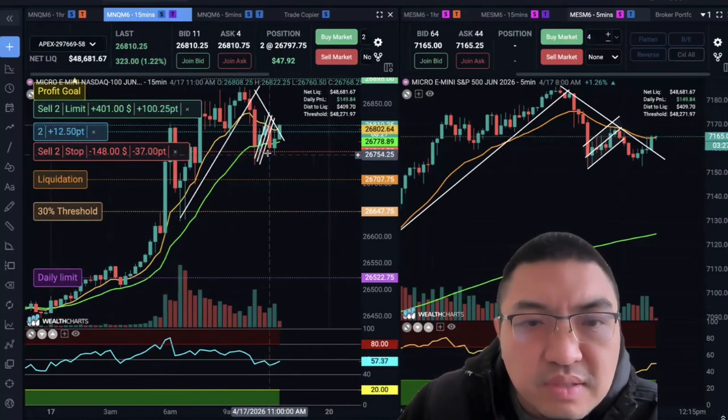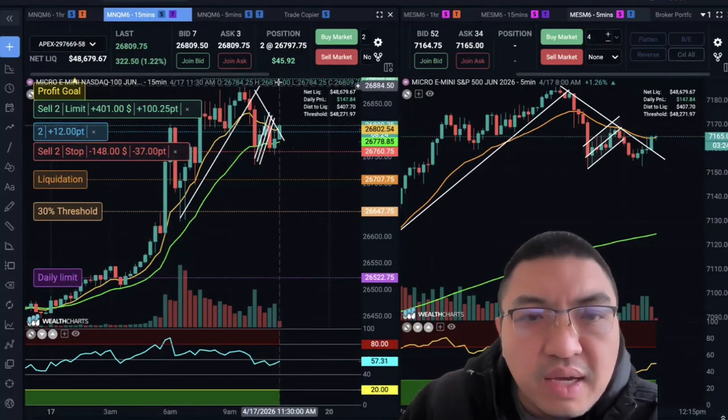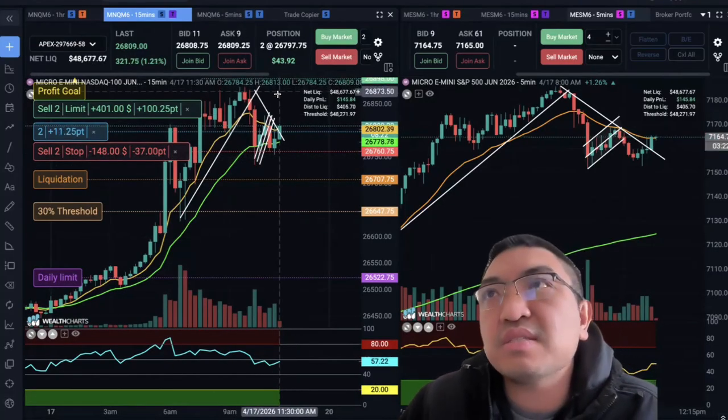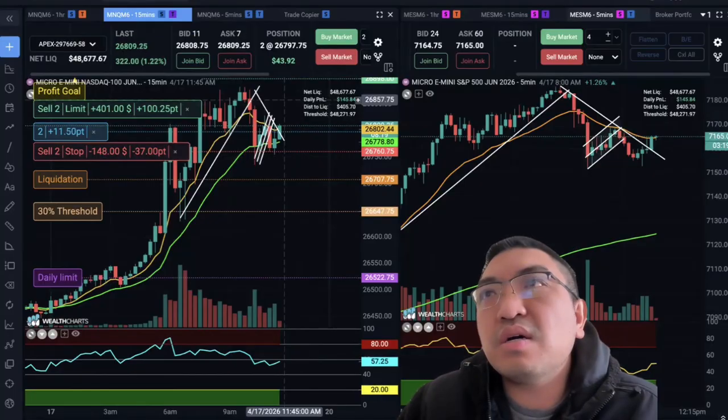If this is like a setup, then it should go a higher high, a little bit higher than here.